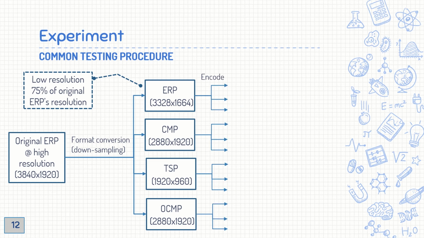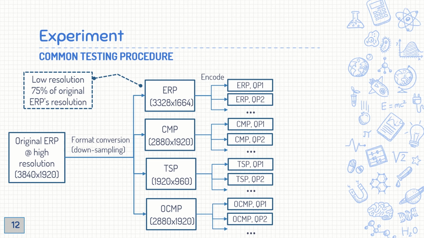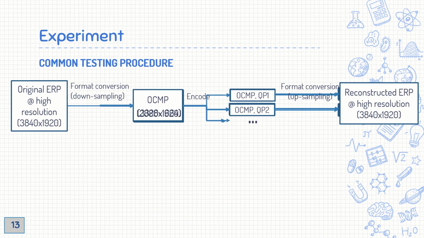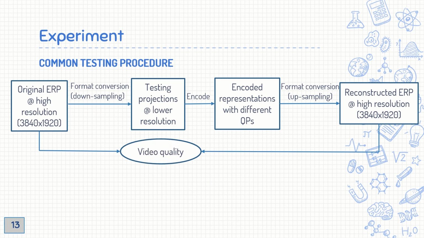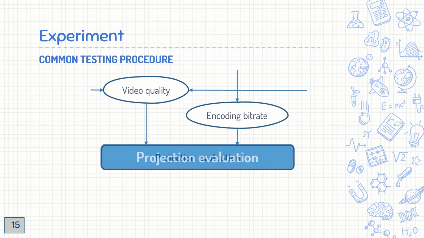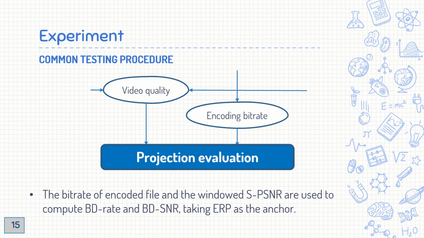These projections will then be encoded with different quantization parameters and upsampled to the original resolution in ERP. The reconstructed ERP will be compared with the original ERP to produce the video quality. We evaluate the projections based on the video quality and the encoding bitrate. The BD rate is calculated taking ERP as the anchor.